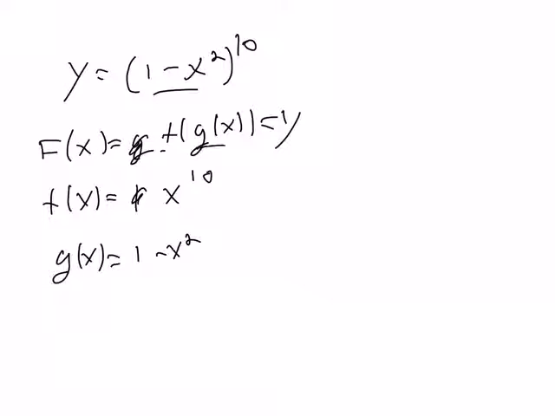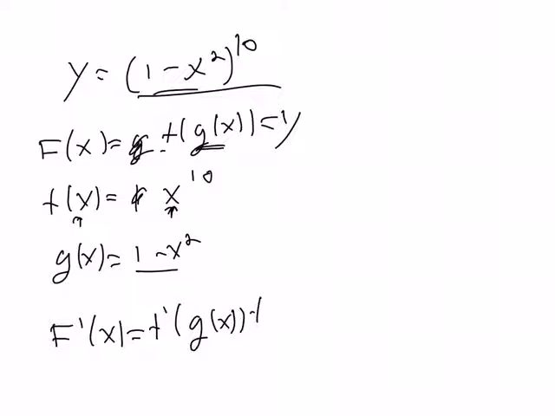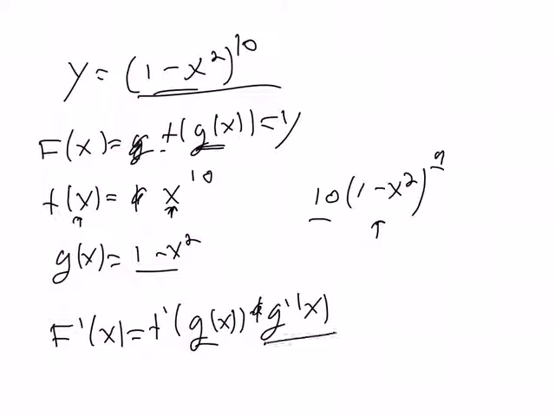Every time we see a g of x over here, we plug that in. Now f prime of x is going to give us f prime of g of x times g prime of x. So f prime gives me 10, and then plugging in our g of x, we get 1 minus x squared to the 9th. This is the f prime with our g of x plugged in, and g prime of x is negative 2x.